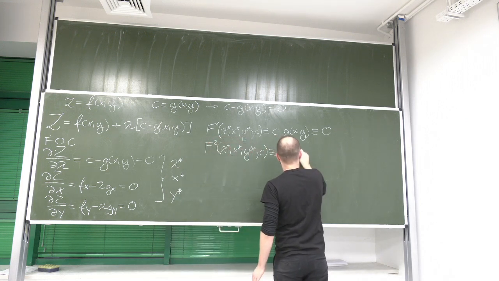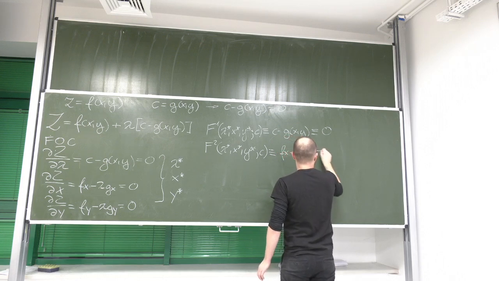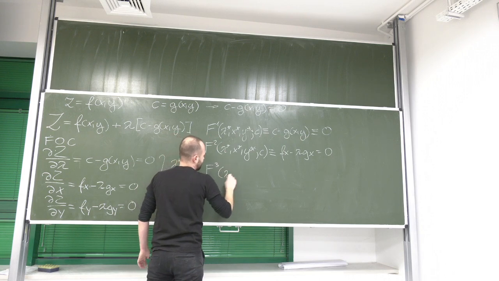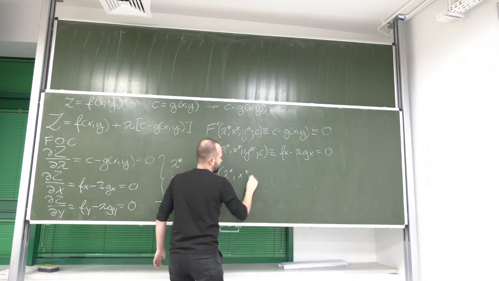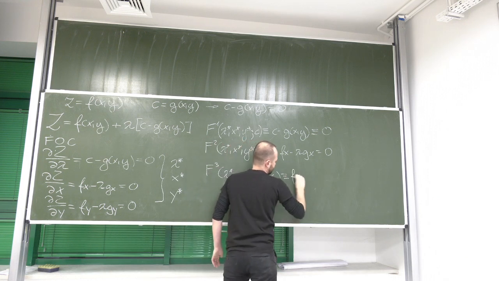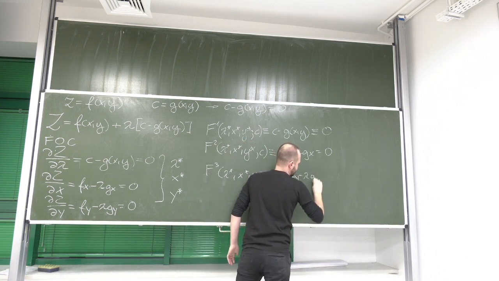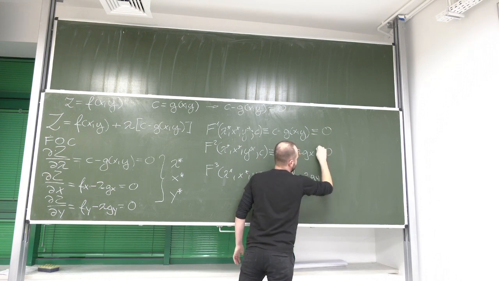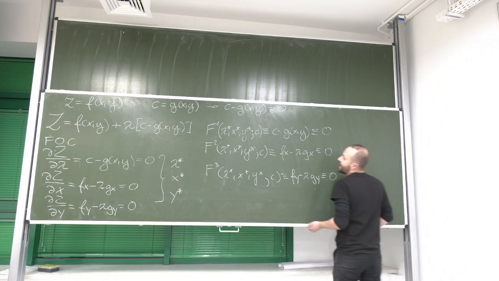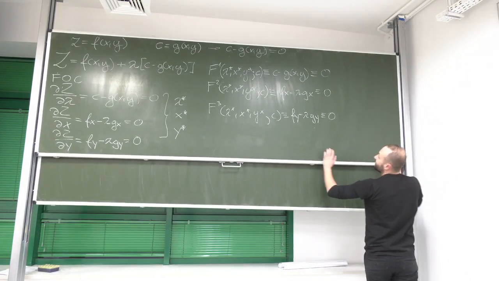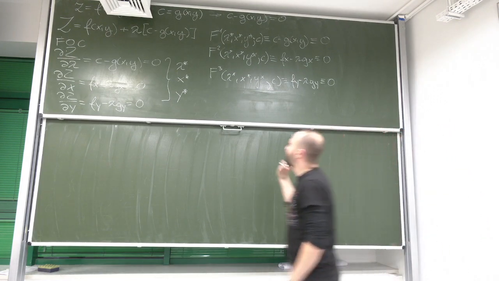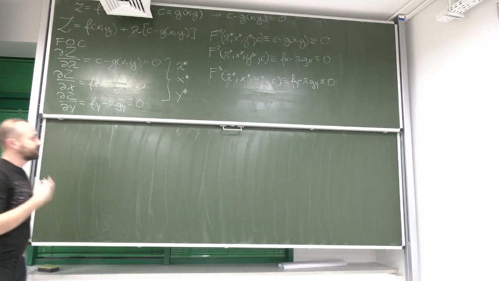F x1 is lambda g is equal to 0, and F3 lambda x y same. Okay, so now how are we checking if this system implies some specific functions?